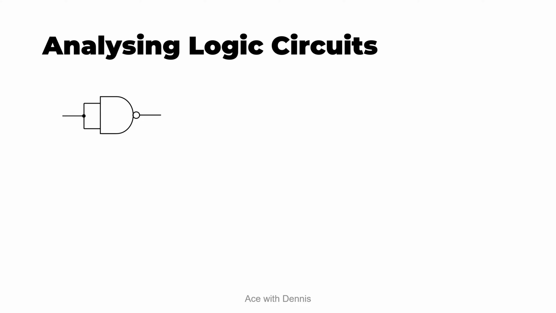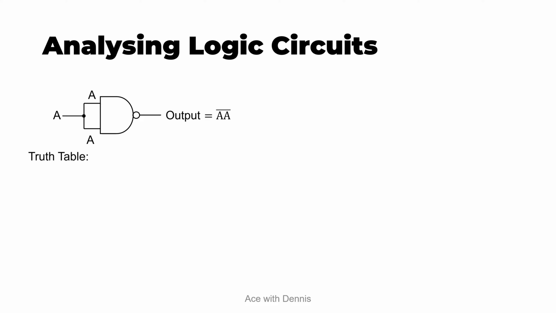Let's analyze this circuit. This is a NAND gate where both the inputs are tied together into one input A. So again, this is A and A, and this is the output. So the output will be AA bar.